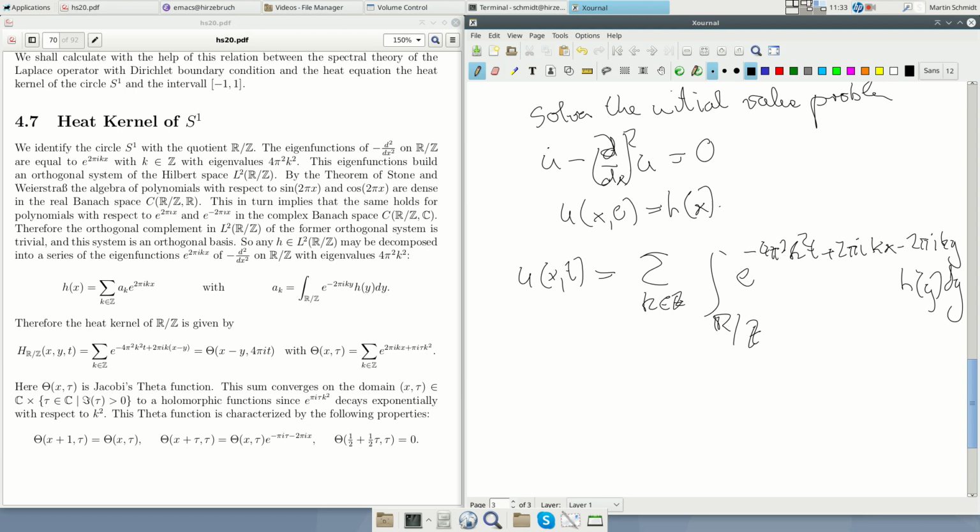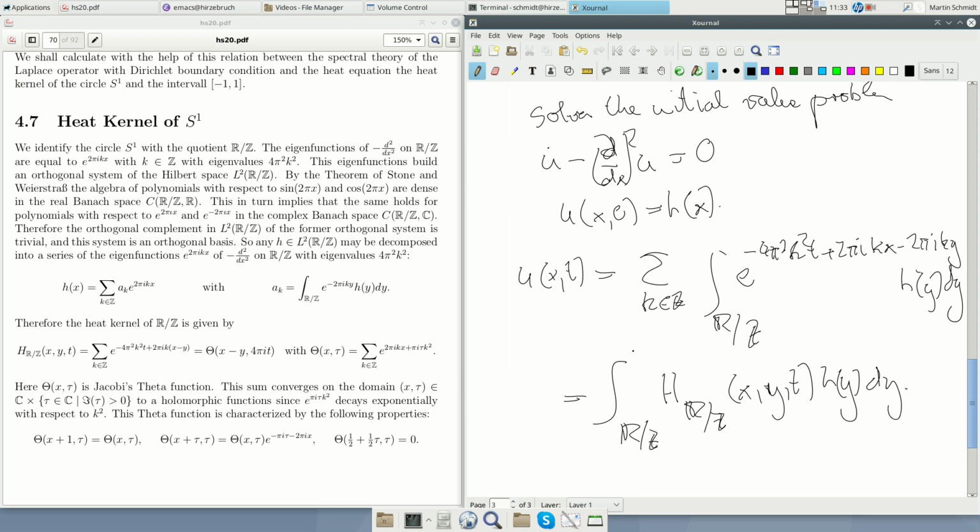And this here solves, this is the solution. But this we may also write as the integral over R mod Z of the heat kernel K(x, y, t) times h(y) dy.